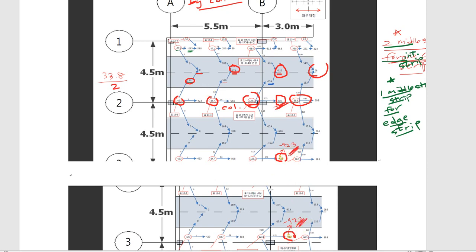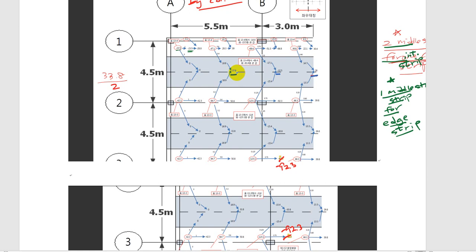So we have all moments. So now we are ready to design. Okay, let me just fix this. Minus 92.3, minus 92.3. So we have all moments here. We can design, right?